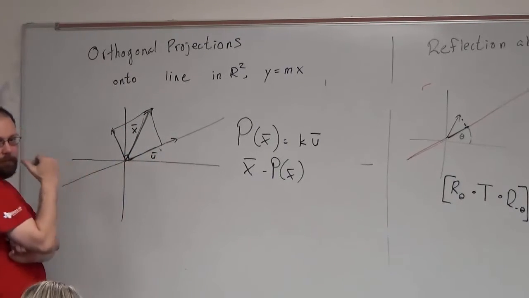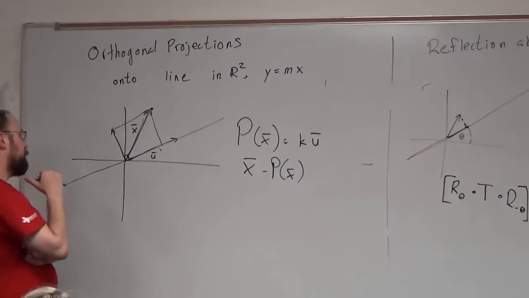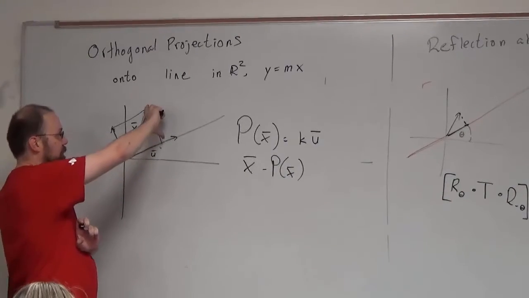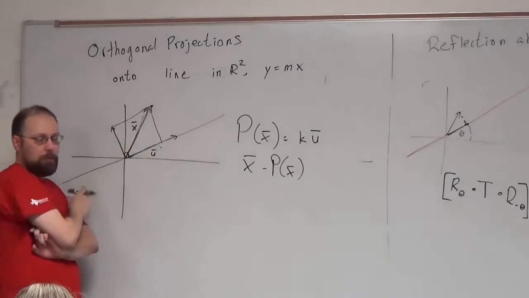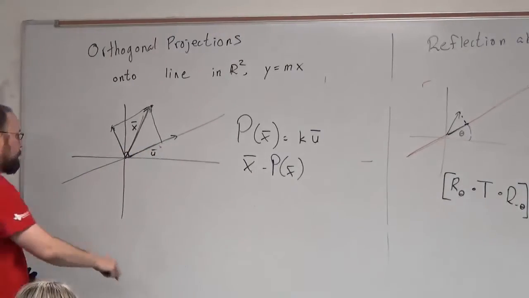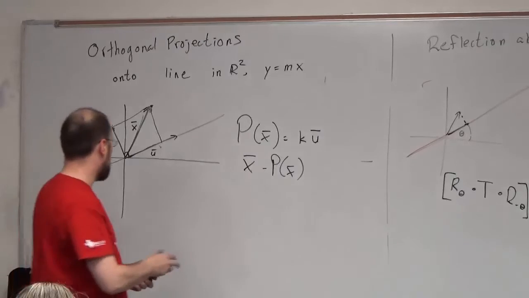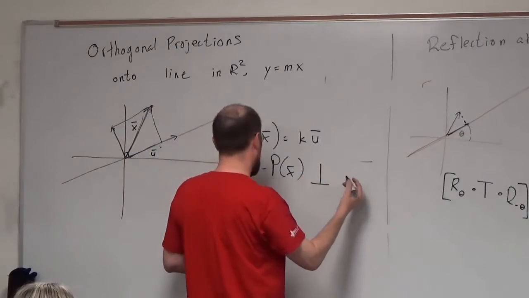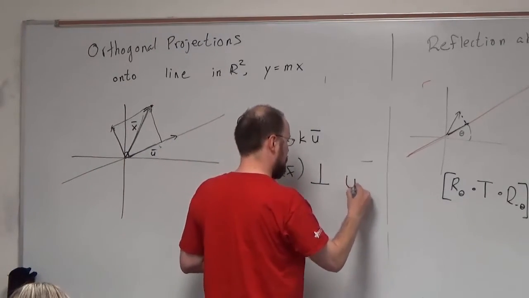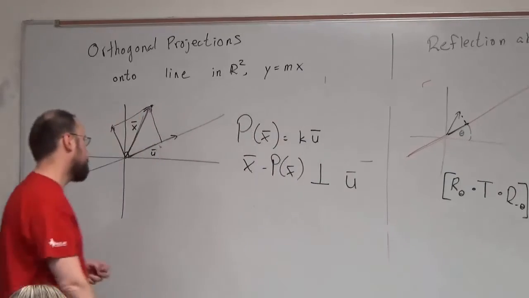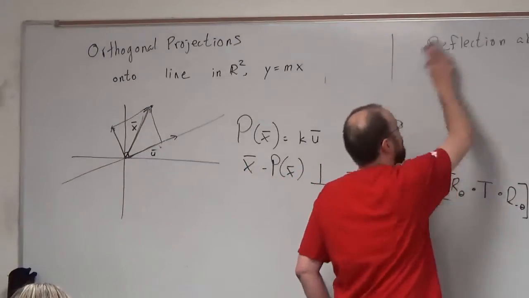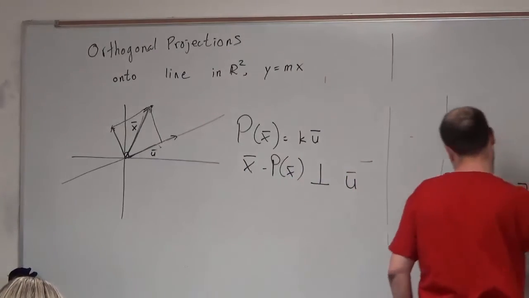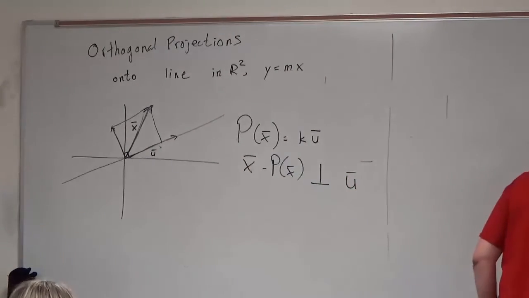That's why it's an orthogonal projection. So if you want to minimize distance between the point here and the line, you necessarily have to use an orthogonal projection. This has to be perpendicular to the line. So let's come up with a formula for orthogonal projection in R2.